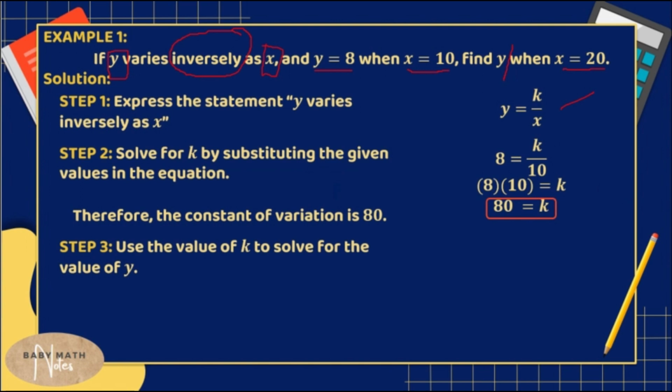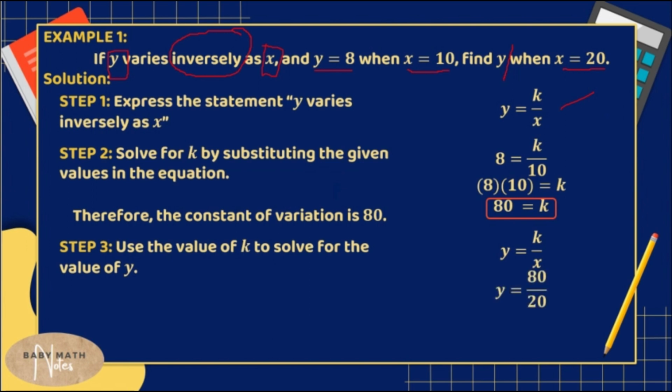So, step number 3, use the value of k to solve for the value of y. So, gagamitin natin yung nakuha nating value ng k para makuha natin kung ano ba yung value ng y kapag ang x natin ay 20. So, syempre, gagamitin natin yung mathematical equation na na-form natin kanina.